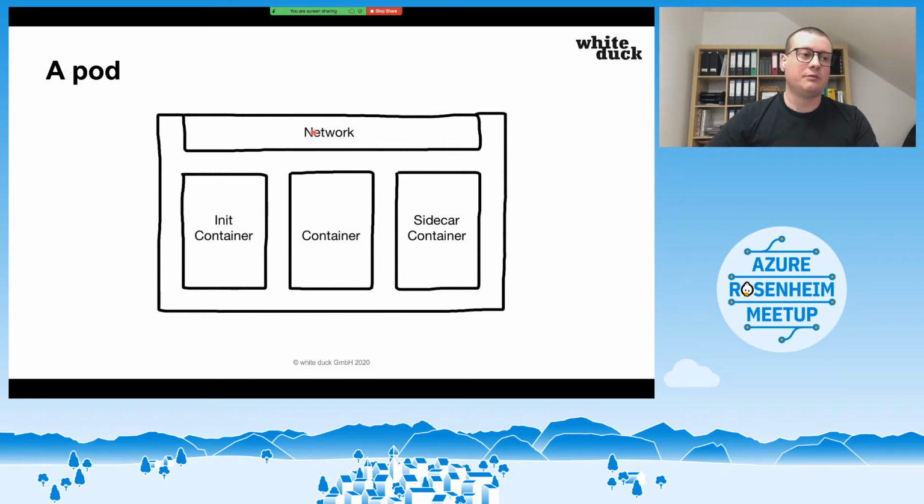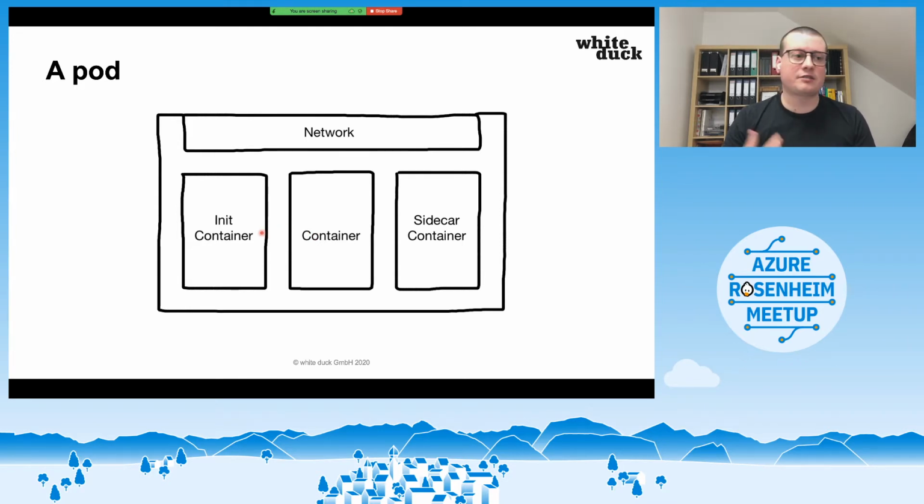So when we start our containerized application in the pod, we at least get two containers, one hosting our application and the other one providing the network interface. So why is this in two containers? Especially because you can run some more containers within the pod next to your main process. On the left, we have a container called init container, and the init container can be used to do anything before the main container gets started.